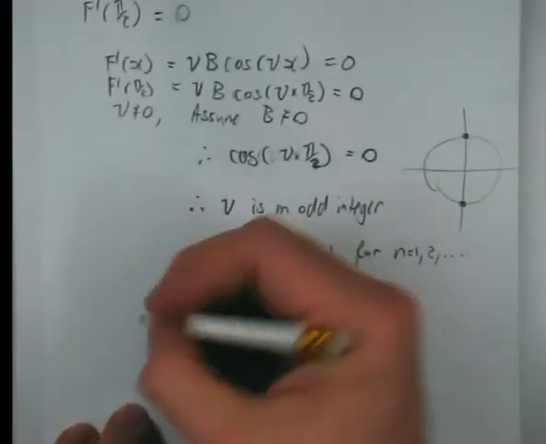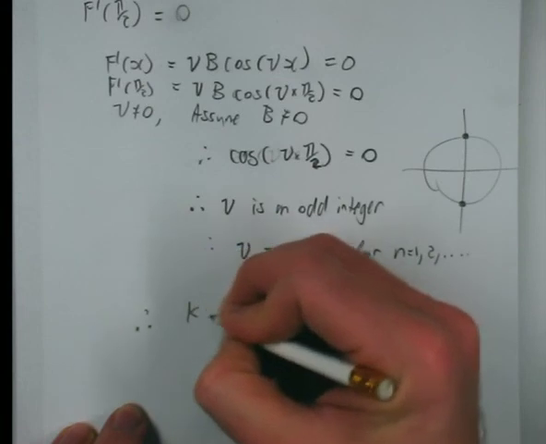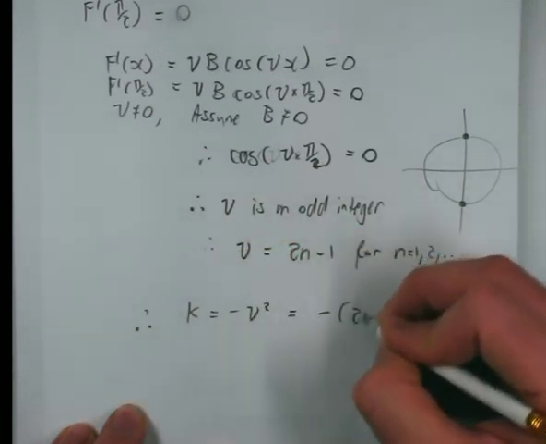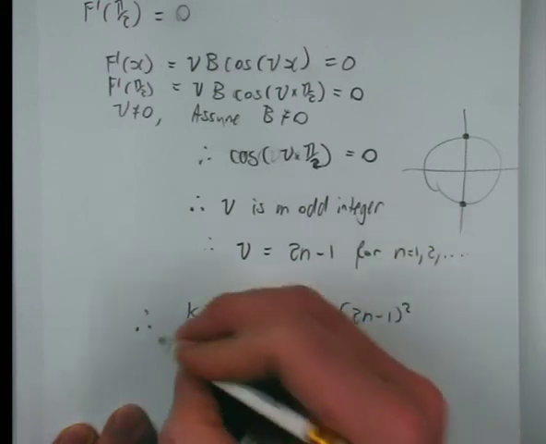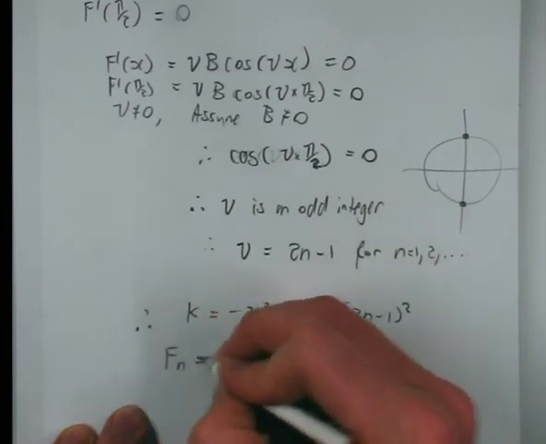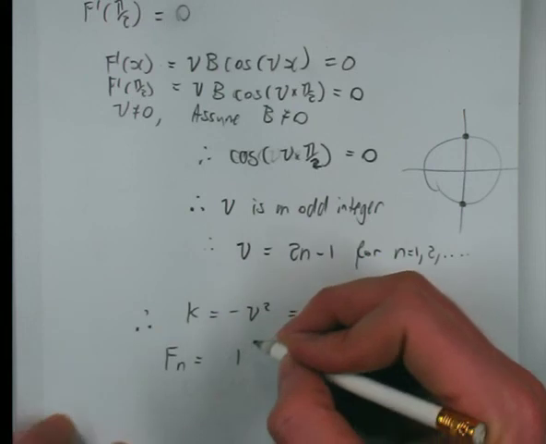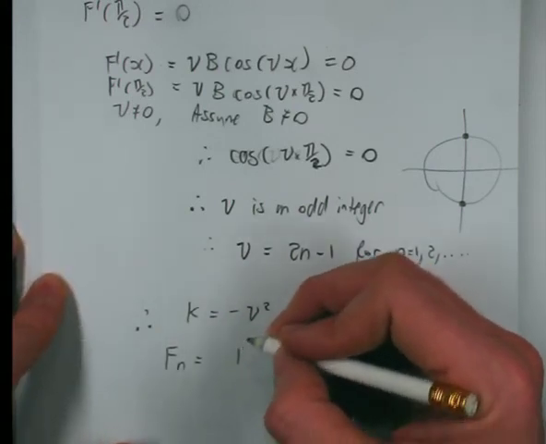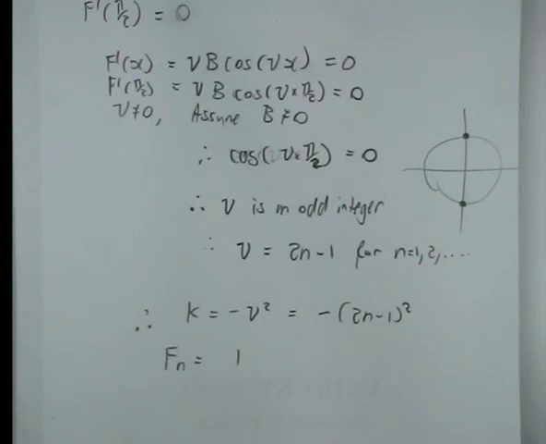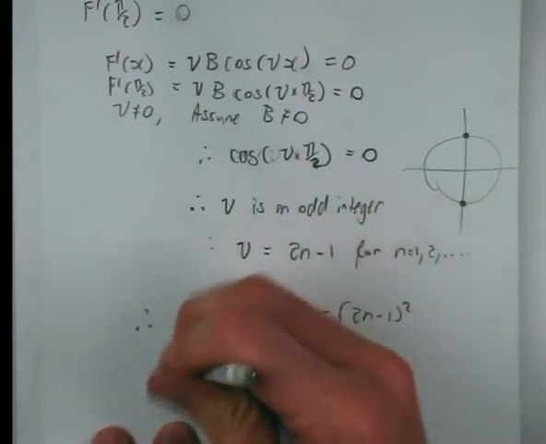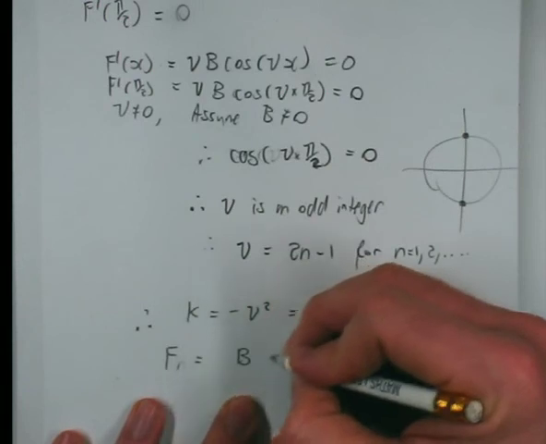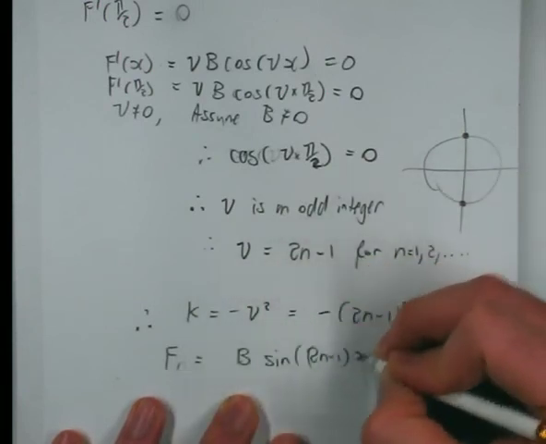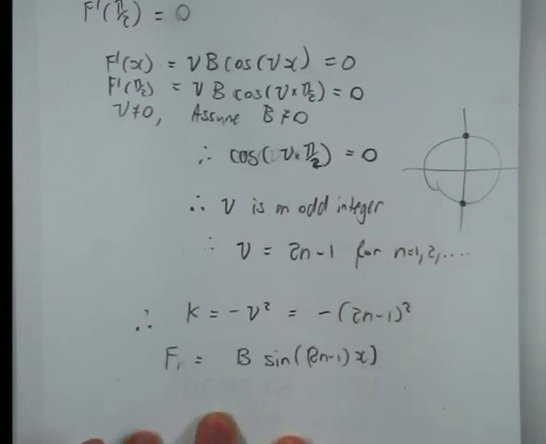And so going back to what k was, minus nu squared, which is minus (2n minus 1) squared, and f was b sine (2n minus 1)x.